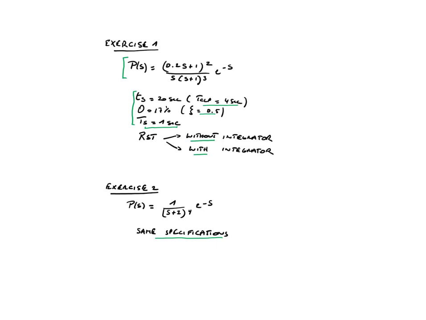we'll use a sampling interval of 1 second. Of course, when you're done, there is a multitude of exercises that you can do. You can change the process, the specification, and the sampling time. What you should do when you follow this video is push the pause button at some time and try to do the design by yourself and see if you manage.